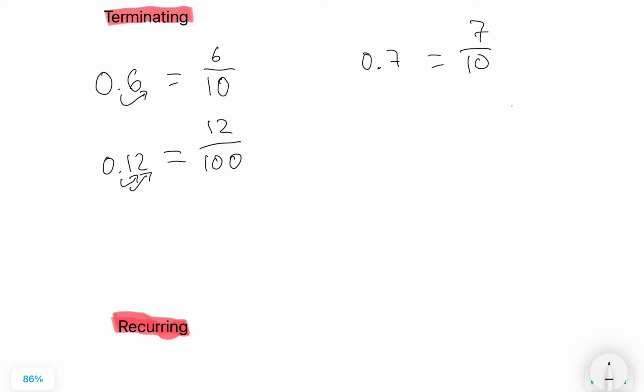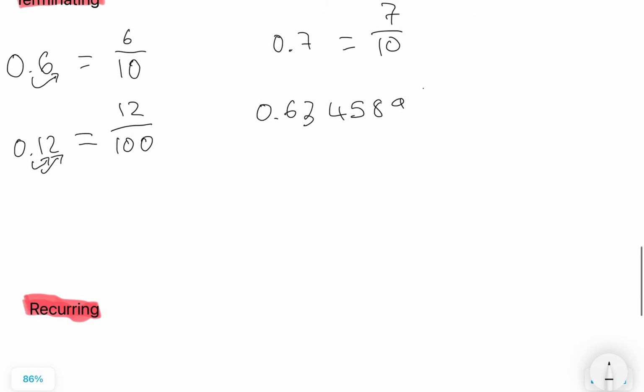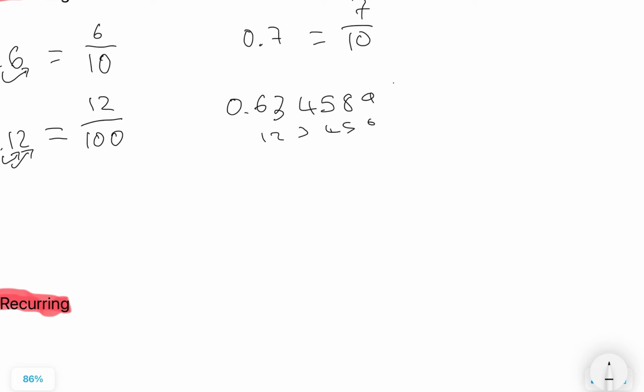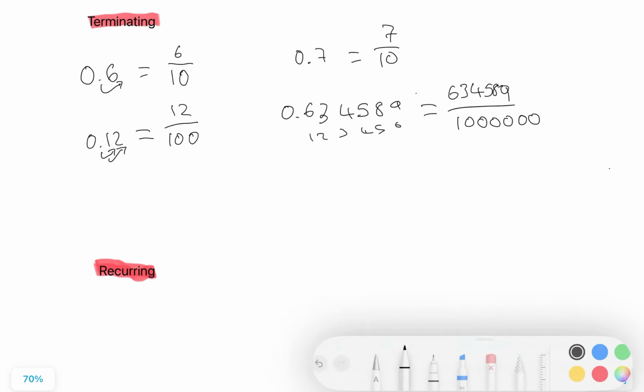Say you got a humongous number like 0.163458 9. You can just quickly count the numbers: 1, 2, 3, 4, 5, 6. And then you do 6, 3, 4, 5, 8, 9 on the top, and you just do 1 million on the bottom. So you can just do it for any decimal practically.